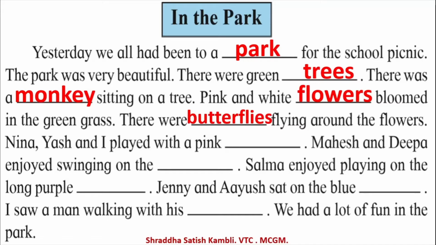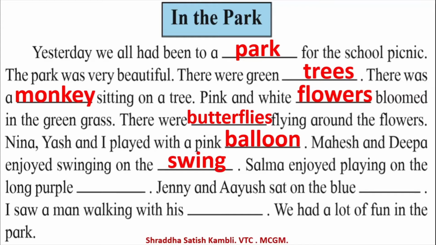Nina, Yash, and I played with a pink. Yes, what was the pink thing that they were playing with? Was it a ball? No, it was a balloon. So Nina, Yash, and I played with a pink balloon. Mahesh and Deepa enjoyed swinging on the swing. So you swing on the swing. Okay?